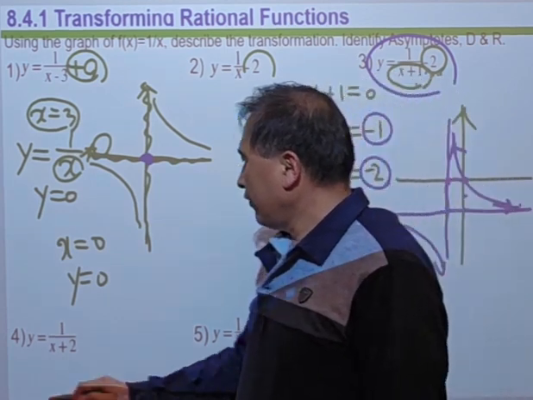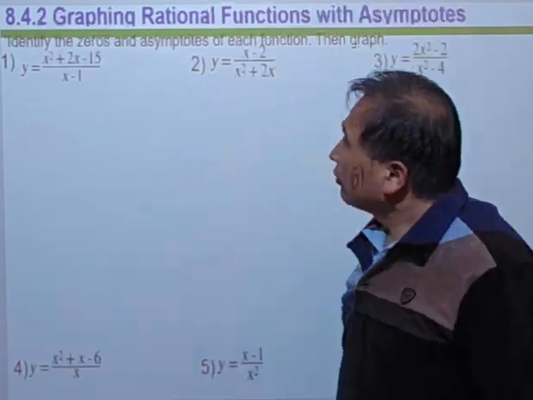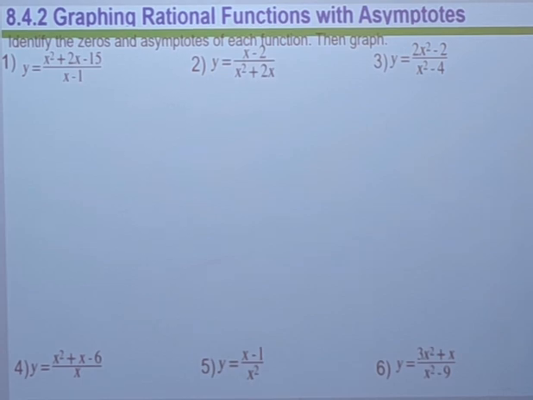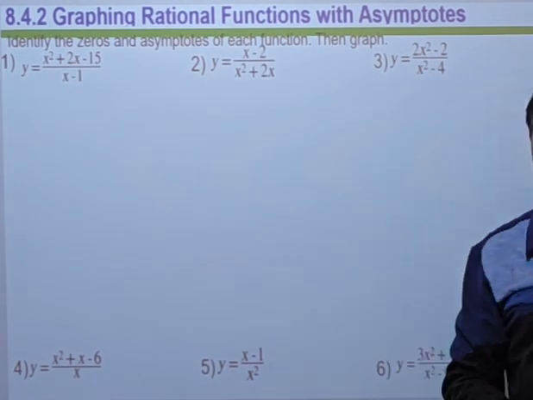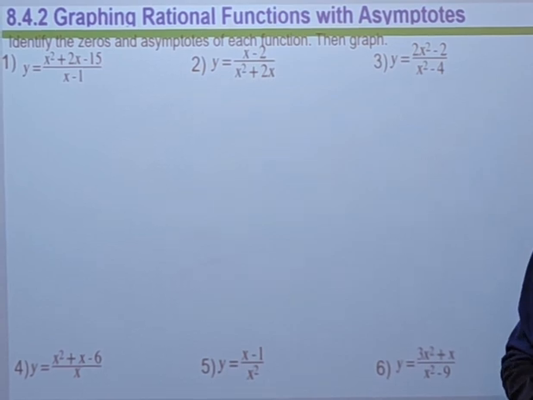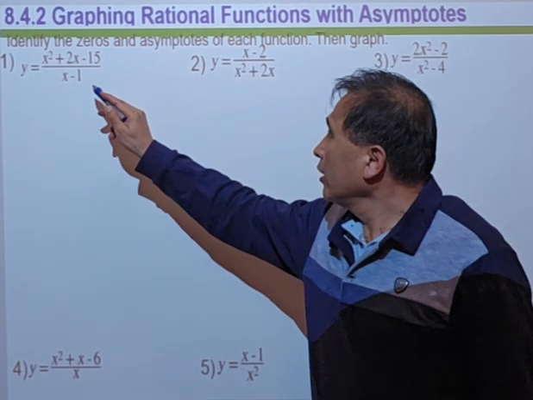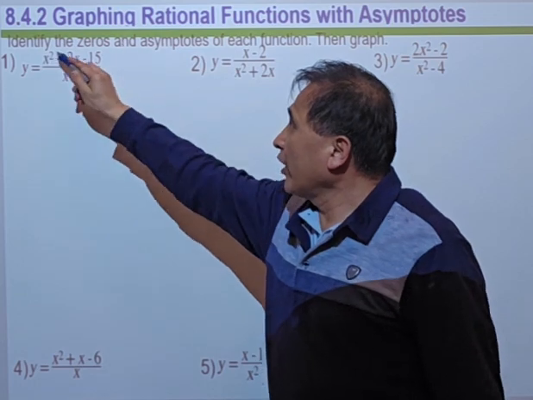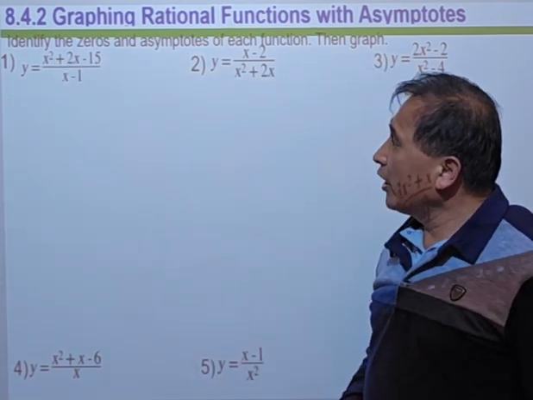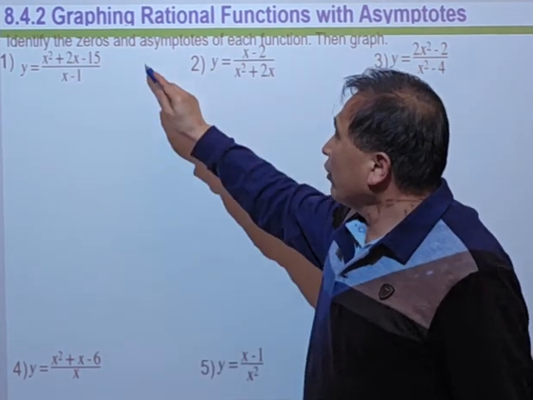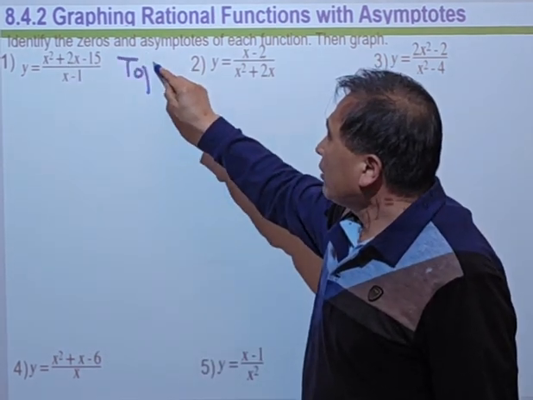Now we draw more complicated rational functions. There are 3 different types of rational function. One is where the numerator degree is 2 and the denominator degree is 1. The numerator degree is bigger, so we call it top heavy.